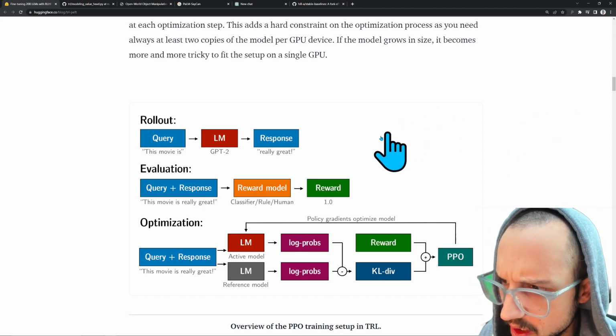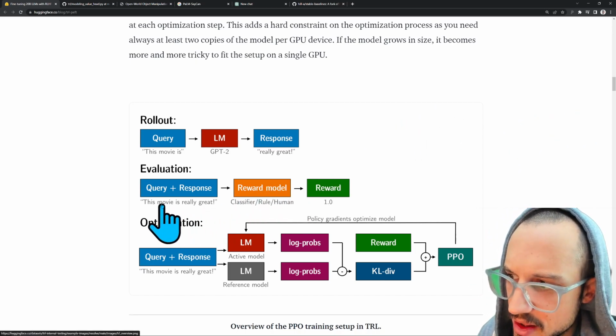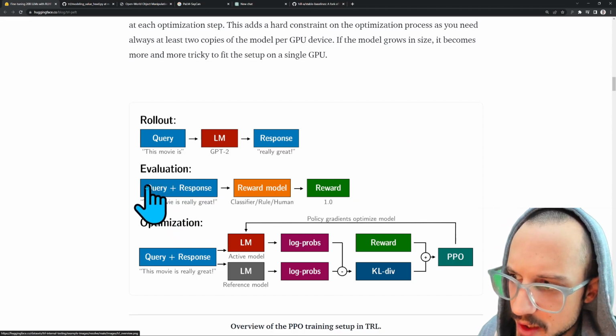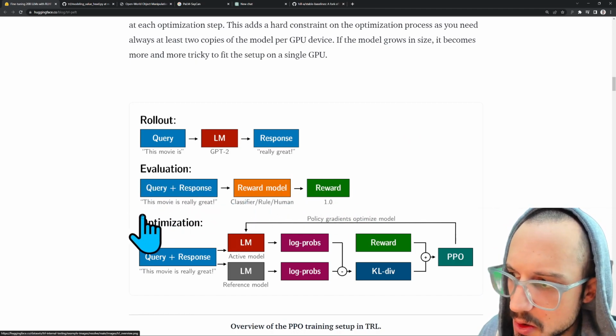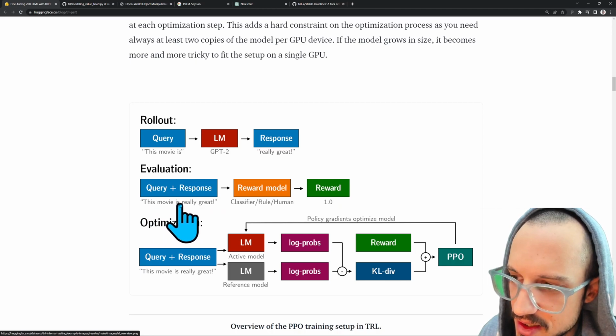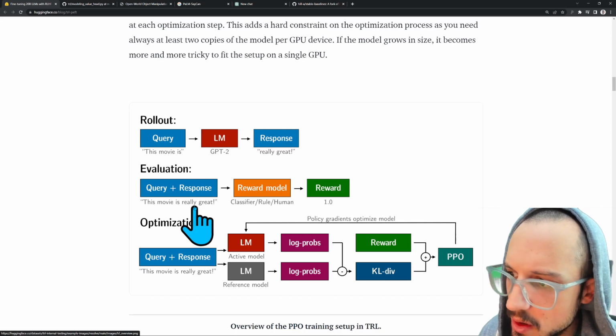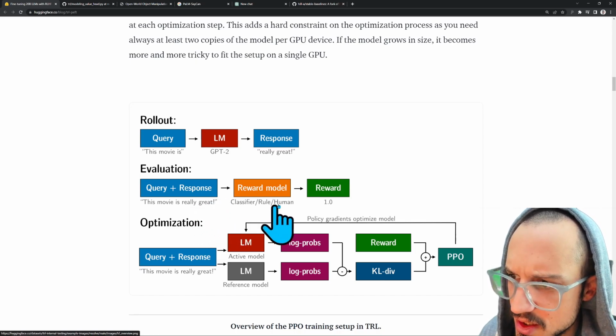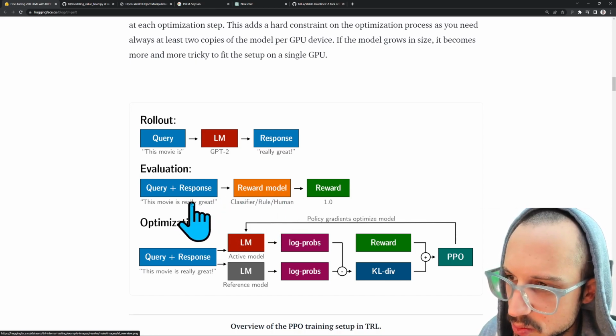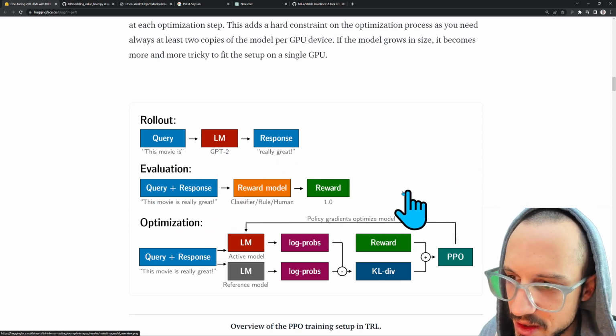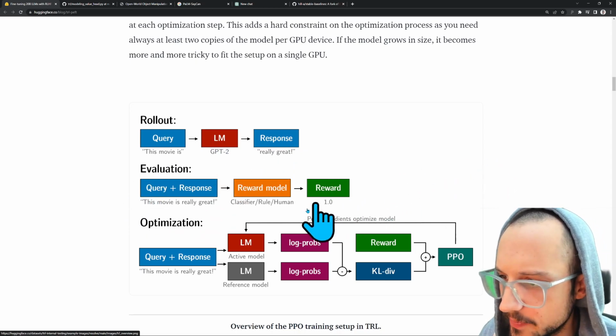You can imagine if the query was "this movie is" and the response was "the capital of the United States is Washington, D.C.", the reward model would say that response is not relevant to the query, therefore the reward is low.